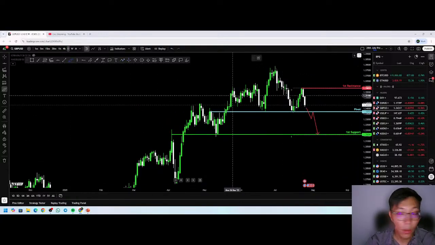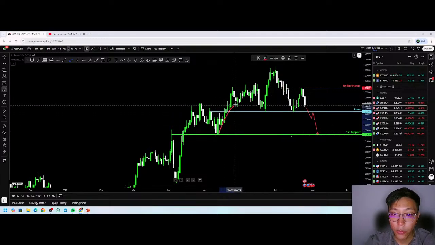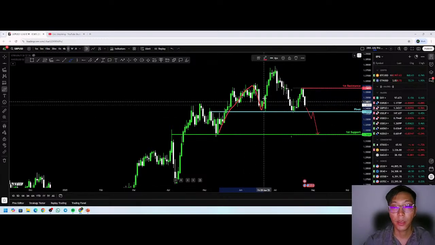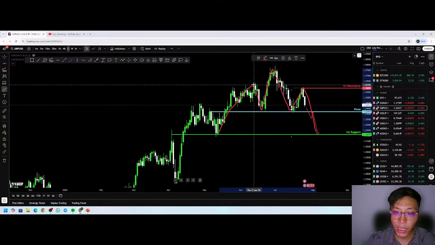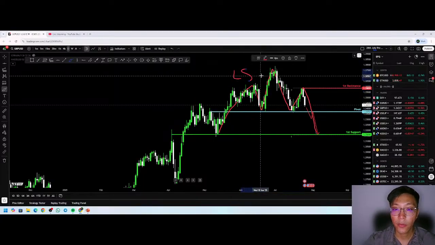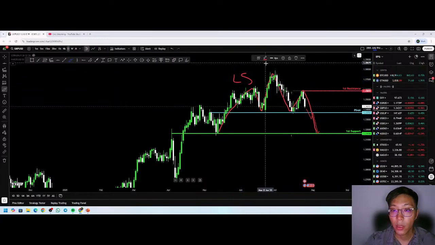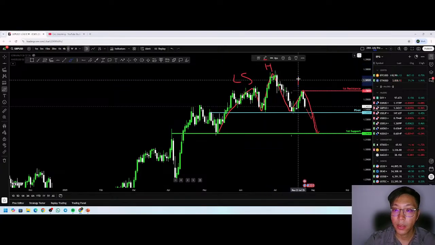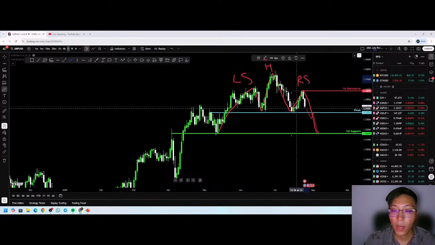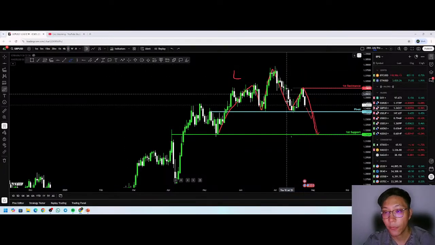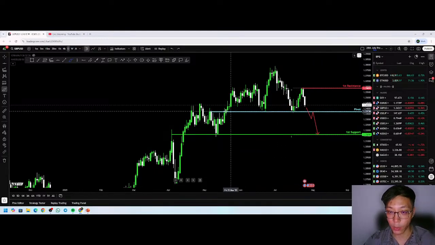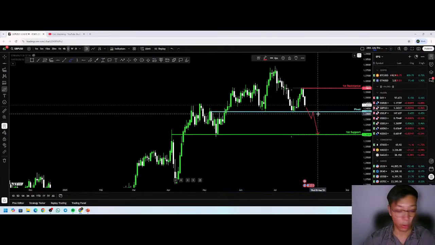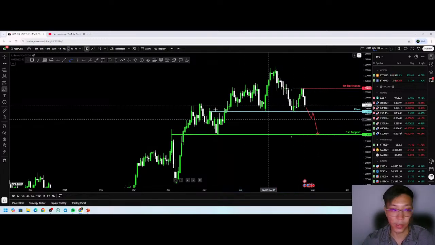Why I say so? Because if you look at the previous pattern, you can see right here, it looks like a head and shoulders pattern. This is the left shoulder, LS is left shoulder. This is the head, and this is RS, the right shoulder. So once we have this, there could be a possibility for it to actually not respect this overlap support level over here and continue to fall towards this first support area.